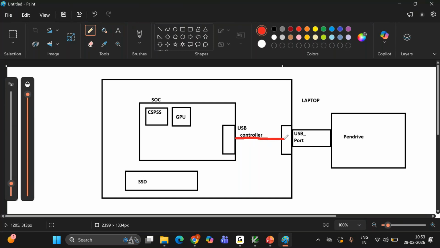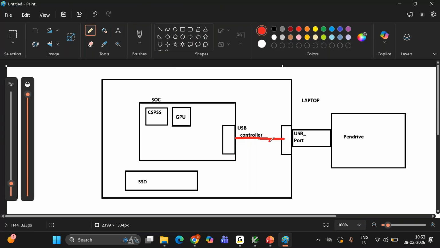So we use peripheral protocols such as the USB protocol. USB 3.1, 3.2 is the latest version. In your mobile phone and laptop, USB 3 or USB 3.2 will be there. So this is called peripheral communication.